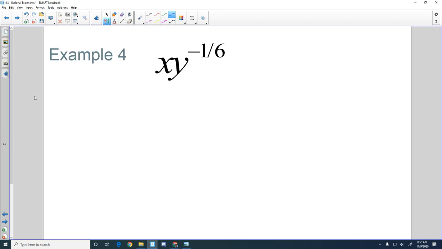So that x is okay where it is. It's the y that needs to flip. So take it from there. How do you deal with that y to the 1/6 in the denominator?